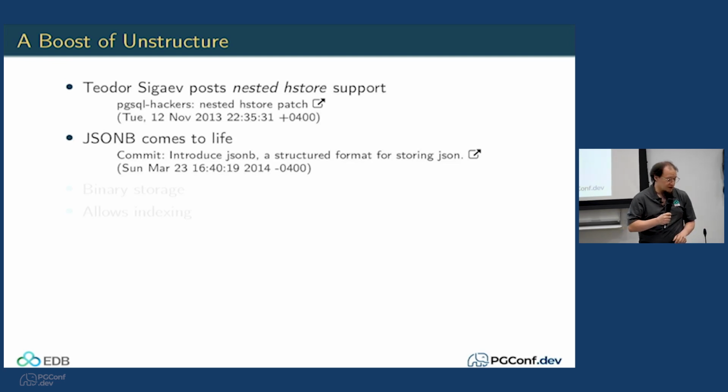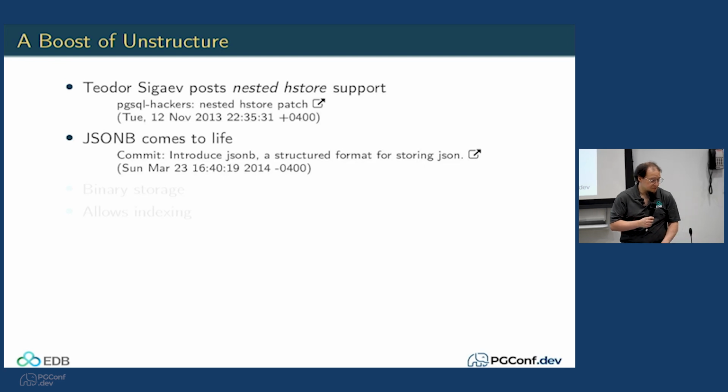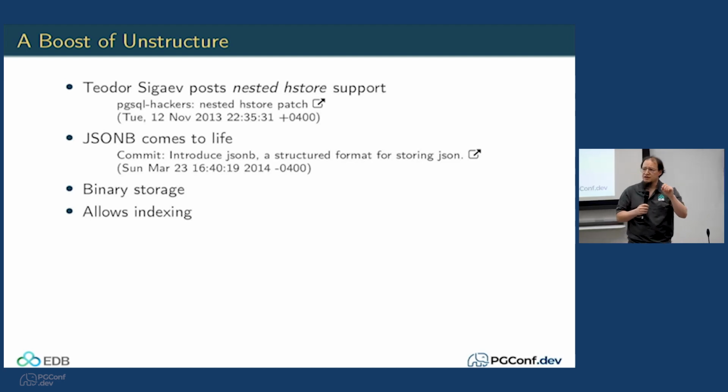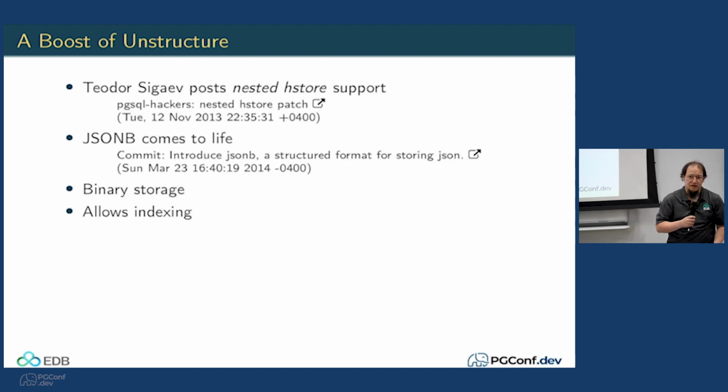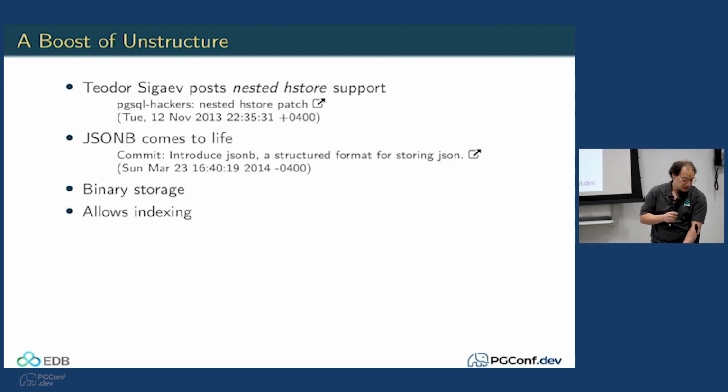So we got JSON-B in 2014, and this one allows for indexing, so you can have indexes pointing to specific fields in the JSON object, which of course is a huge improvement over standard JSON as a textual data type.